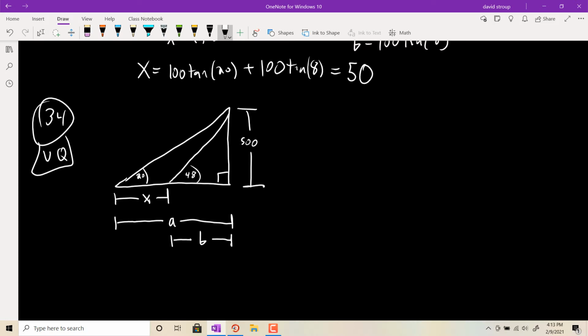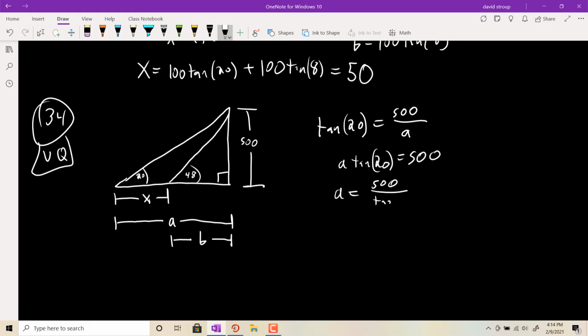First off, the tan of 20 is going to equal opposite, which is 500, all over adjacent, which in this case is that big A, the long A here. You can solve for A: multiply both sides by A, and you get A tan 20 equals 500. Then divide both sides by tan 20, so A is 500 over tan 20.